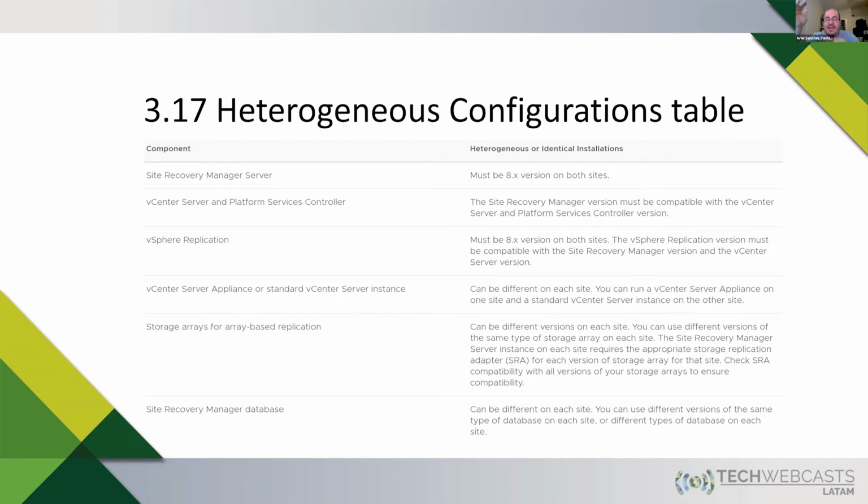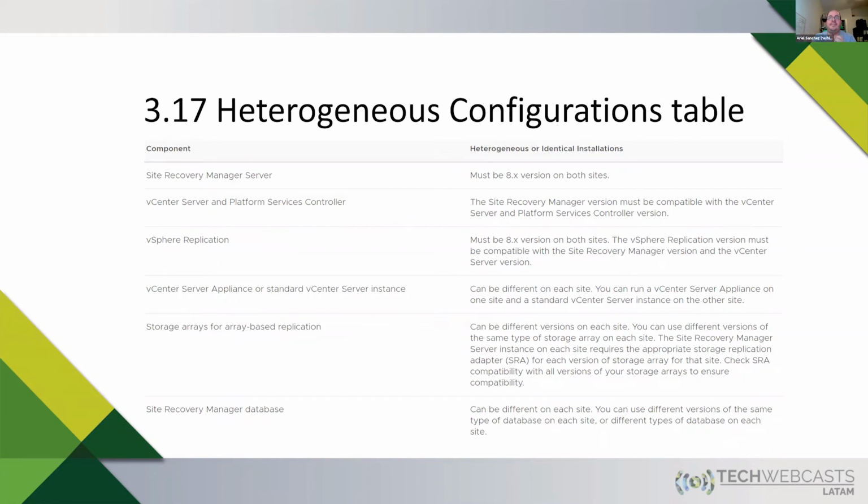But other than that, for vCenter and Platform Services Controller, as long as they're listed on the interoperability matrix, you should be fine. vSphere Replication has to be at least 8.x. Again, between each site, SRM and vSphere Replication must be at the same version. Especially if you're running 6.5, for example, you can have a Windows SRM or Windows vCenter.